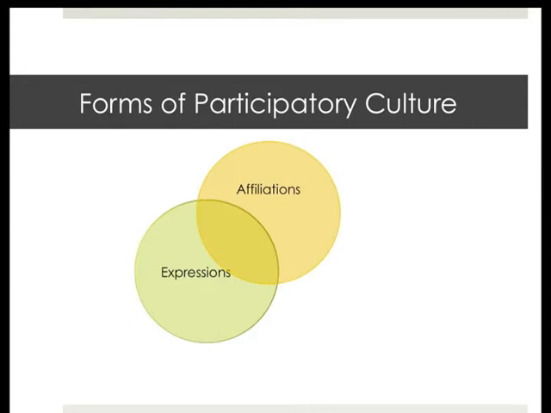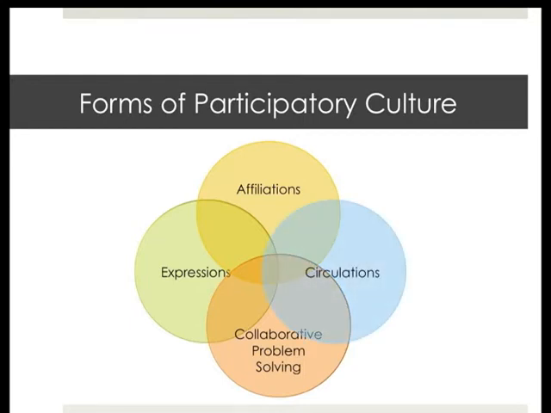The next is collaborative problem solving, where people are working together in teams, both formal and informal, to complete certain tasks and develop new knowledge, things like Wikipedia. And then finally, circulations, and this means shaping the flow of media, things like podcasting and, surprise, surprise, blogging.